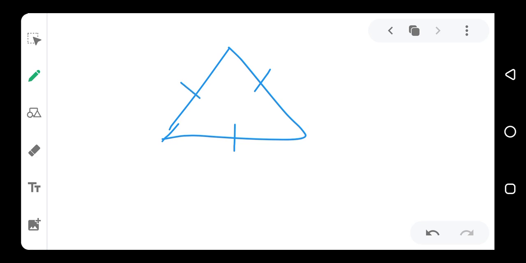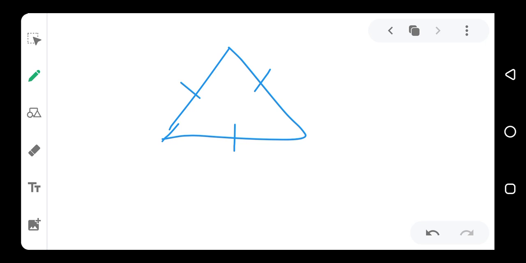If we have a triangle like this where all the sides are equal, then the three angles are also equal. And you should remember that the total angles in a triangle is equal to 180.